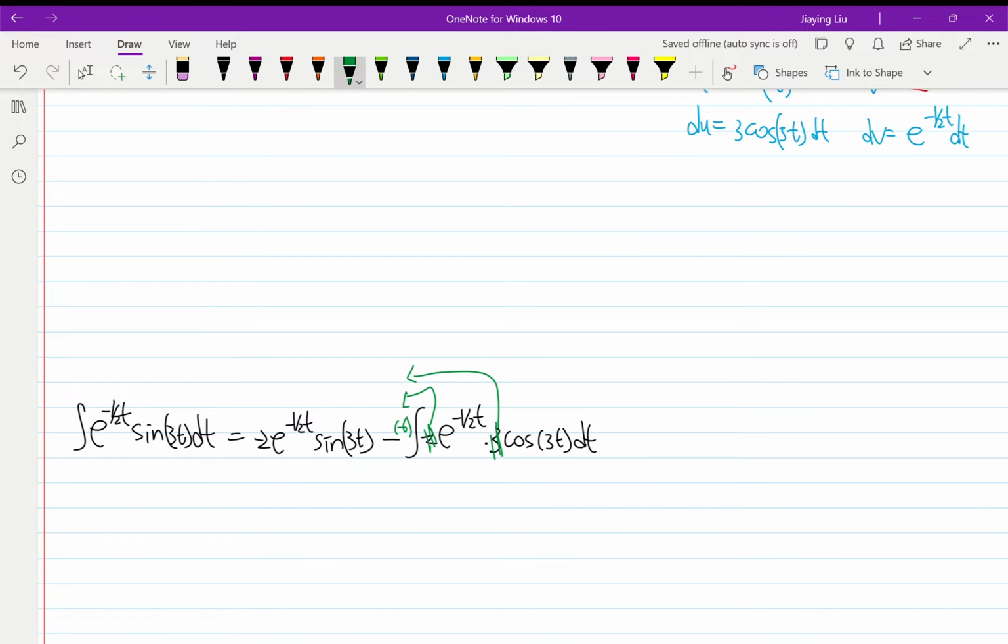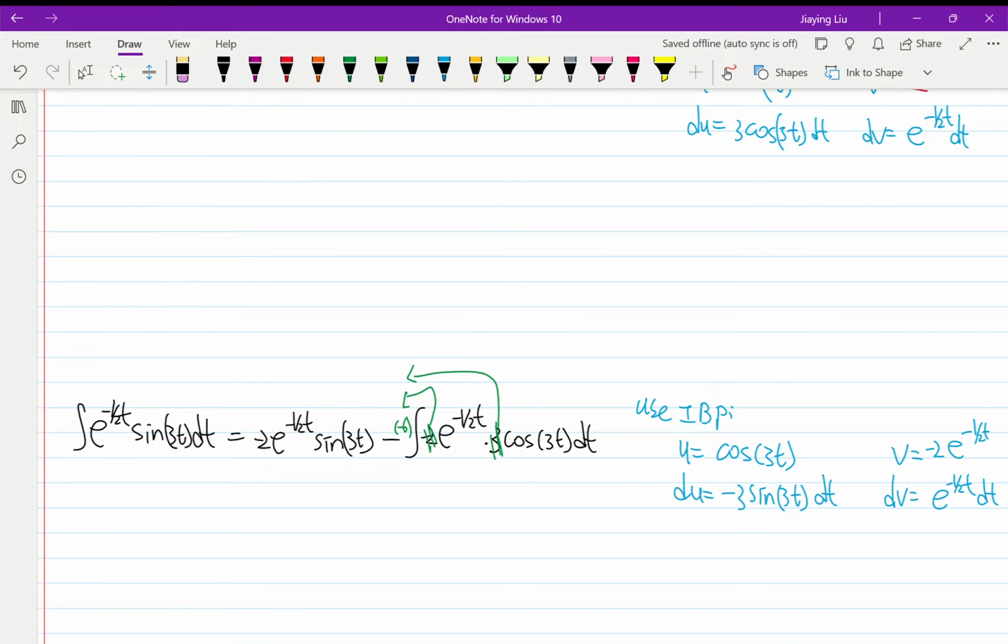And then for the remaining part of the integral, I'm going to use integration by parts again. I'm going to say u equals cosine 3t, du equals negative sine 3t times 3 dt, and then we still have dv the same, and v is the same, negative 2 e to the negative 1/2 t.